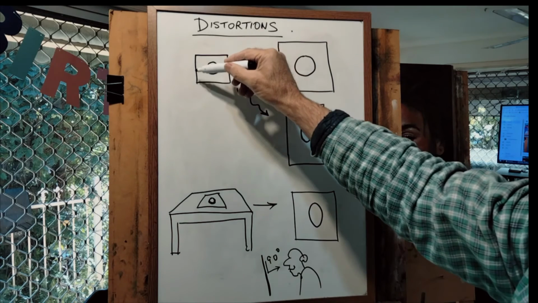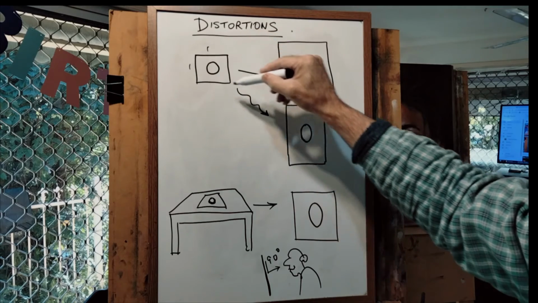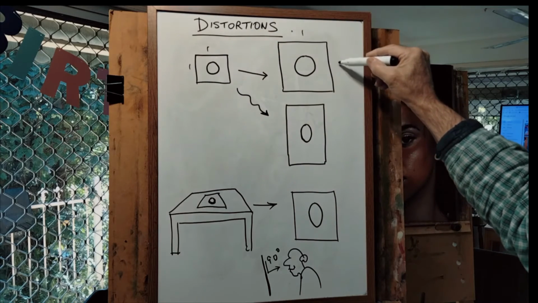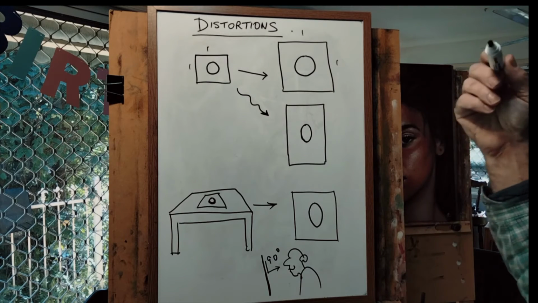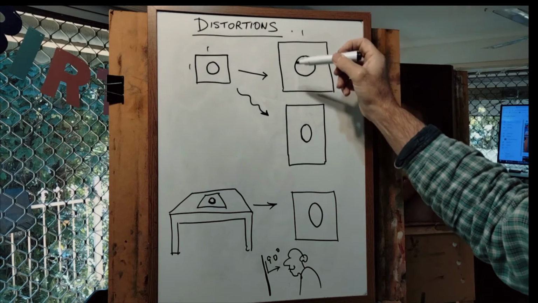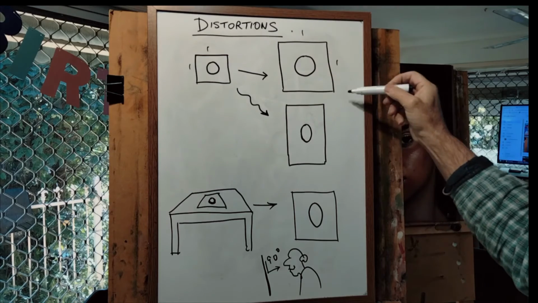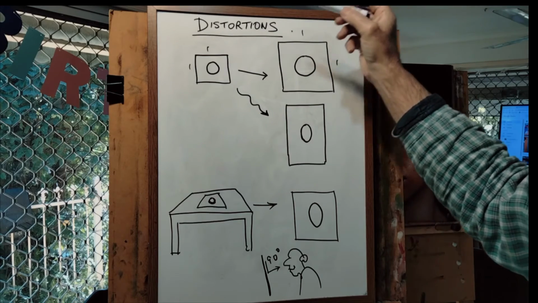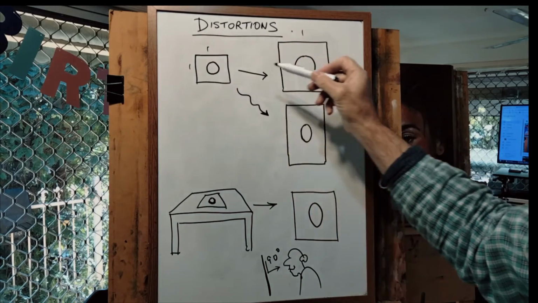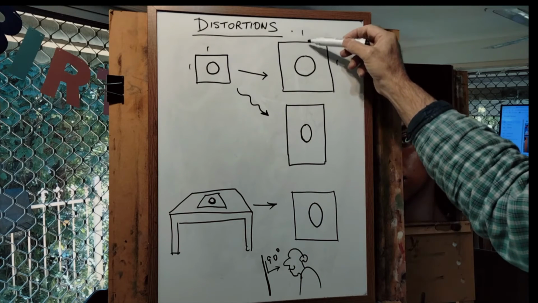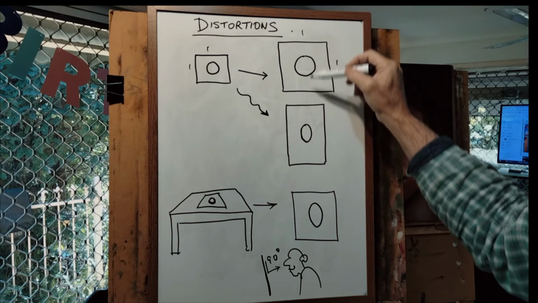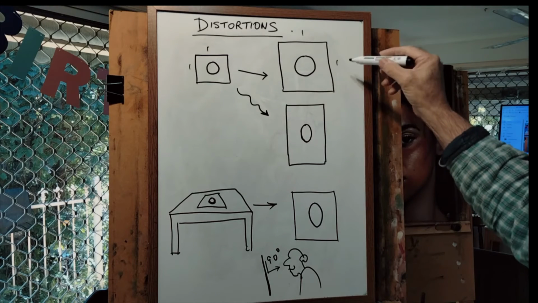So here we have a square and a larger square, and your eyes are now working on this larger square. You've got a tendency to reproduce the drawing in relation to the edges of the larger square, and that's good.